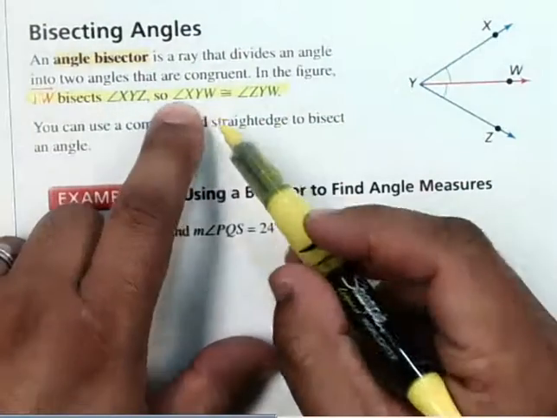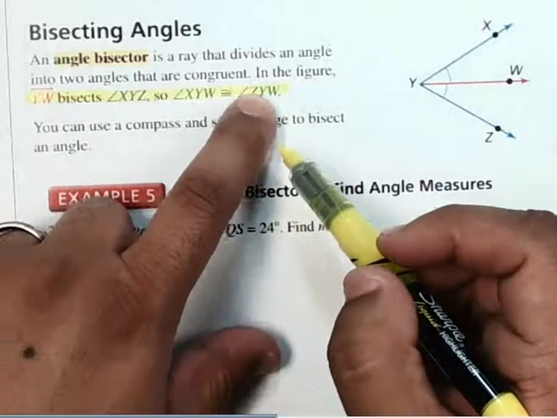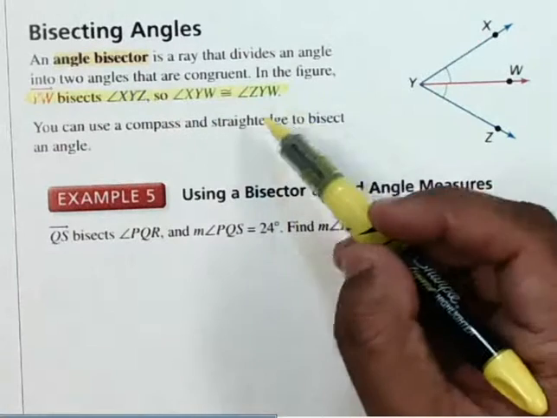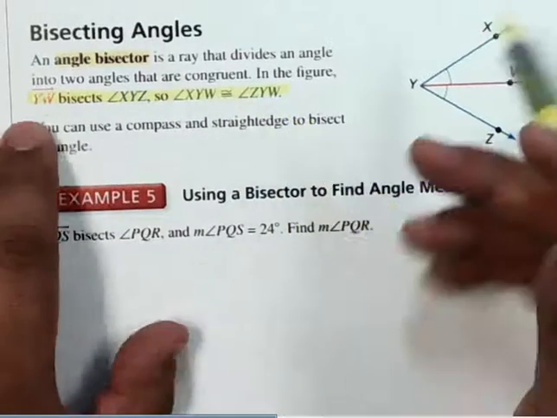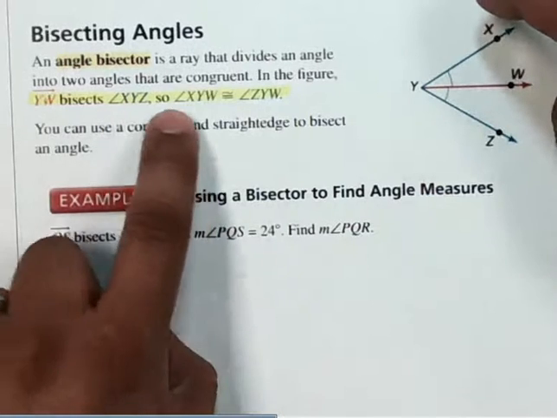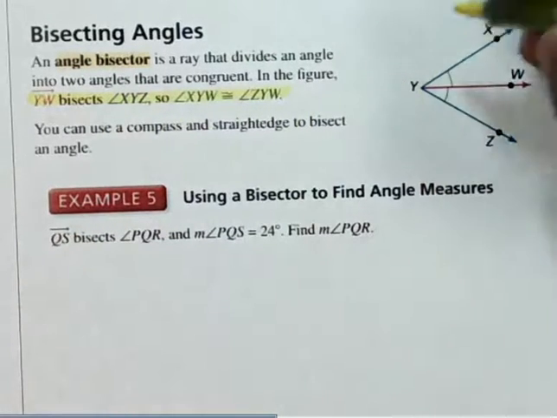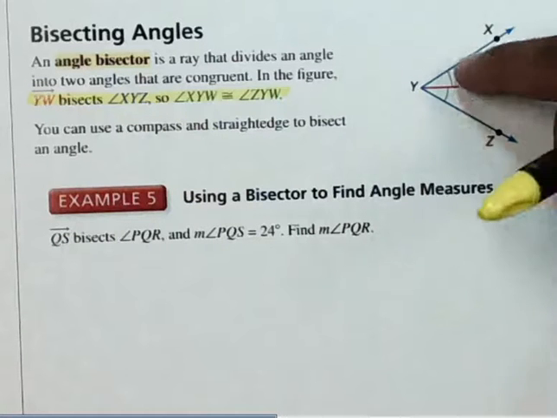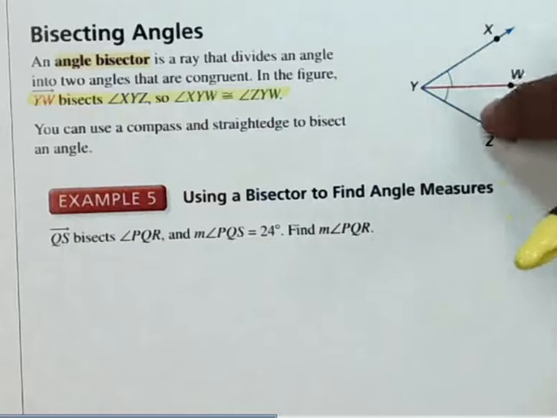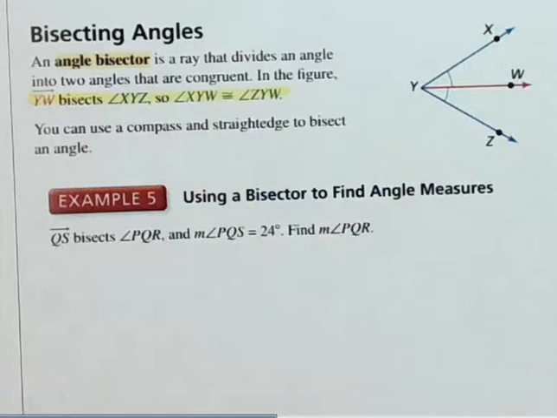So that means angle XYW is congruent to angle ZYW. Okay. This is probably the common way that you'll see this given to you. So you're supposed to interpret that for this drawing and notice the tick marks here that show you these two smaller angles have the same angle measure.